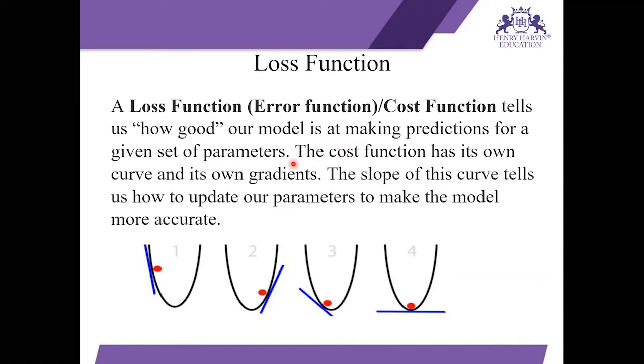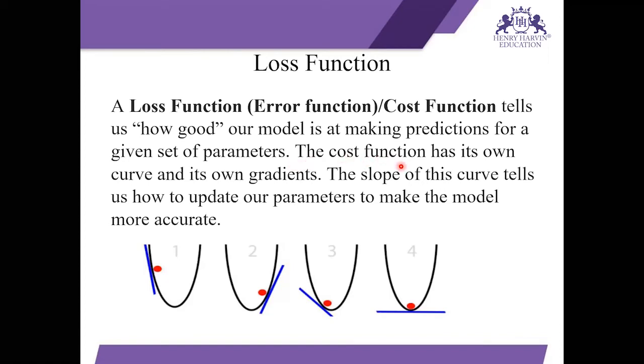Accordingly, I'm moving, and at a value of 4, I can find the error is actually 0. We cannot always go for 0 error because that is not possible with real-world data sets. That is highly impossible. So always try to find the minimum loss, right?